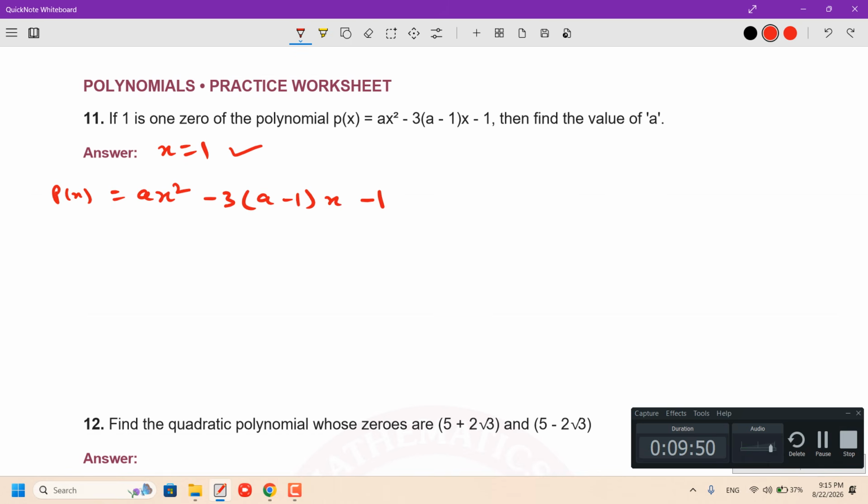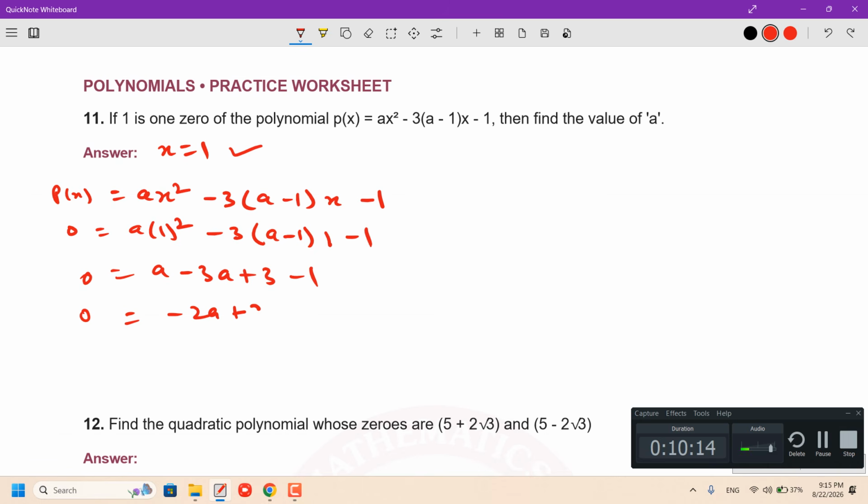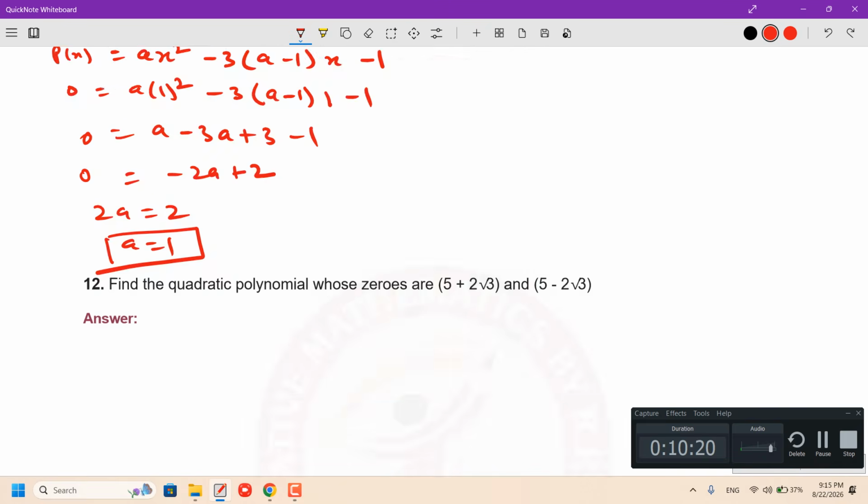So putting x equal to 1, 0 is equal to a into 1 square minus 3 into (a minus 1) into (1 minus 1), that is a minus 3a plus 3 minus 1. So minus 2a plus 2. So 2a equals 2. So a equals 1.